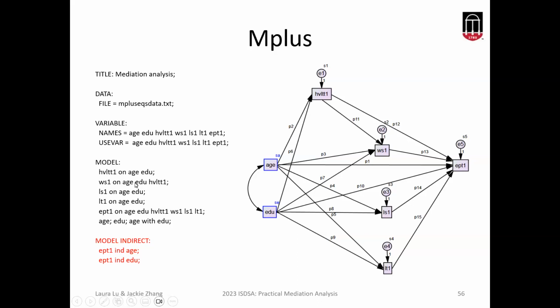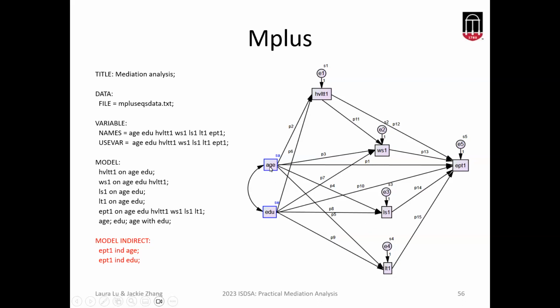And the WS on these three. WS here is regressed on H here, EDU here, and also HVLTT, because memory ability is also going to influence the reasoning ability. So we have these three independent variables. These are three causes for the WS reasoning ability, and also LS on these two.